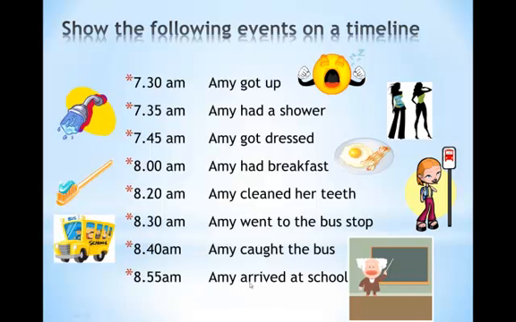What I would like you to do is to pause the video, draw yourself in your exercise book a timeline, remembering that it's going to go from 7:30 a.m. to 8:55 a.m. So you need to draw your scale first. Then once you have drawn your scale, add these events onto your timeline. So if you can pause the video now and work on drawing your timeline on Amy in the morning.